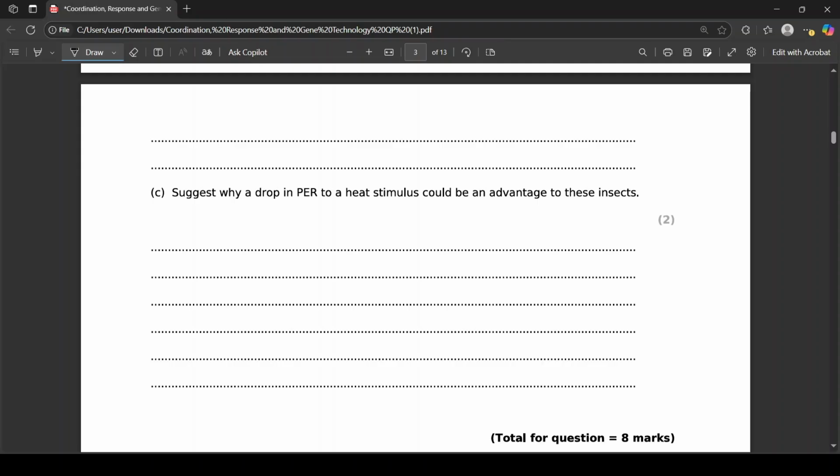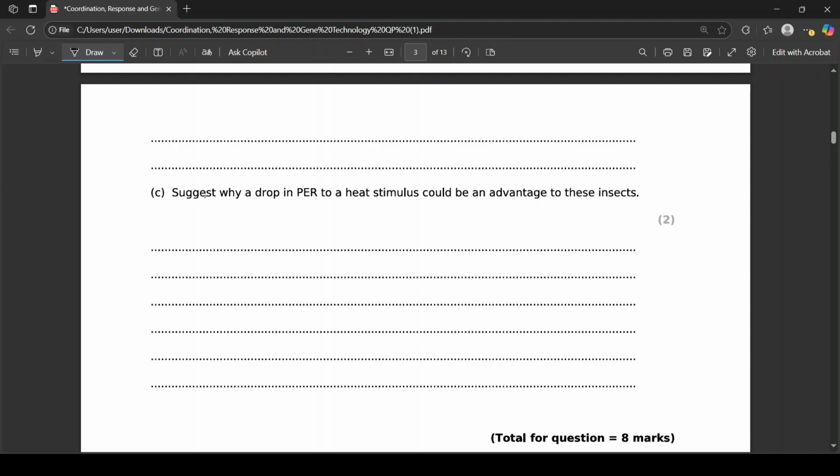As long as it's not causing any harm, the insects are quiet to this change. So basically that's what habituation means. Now, our question asks why a drop in PER to a heat stimulus could be an advantage to these insects. So, why does the insect decrease the response to the heat stimulus, and why is this an advantage to this insect? That is what this question asks us.